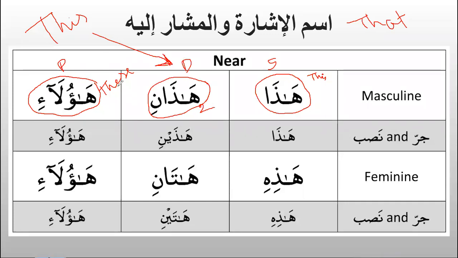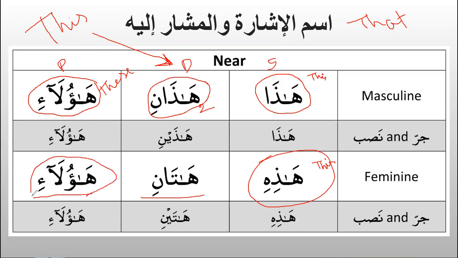For feminine, hadhihi is used. Hadhihi is the same thing, "this," but for feminine. Hatani is for these two, and haulai is for these. See, haulai is the same for masculine and feminine.